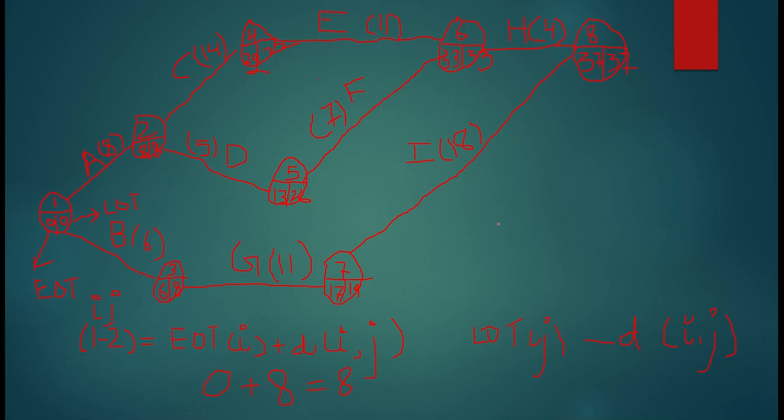So now I have to calculate critical path. For critical path, the first thing I need to calculate is slack. The term which I'm using here is slack. The formula to calculate slack is LOT minus EOT.